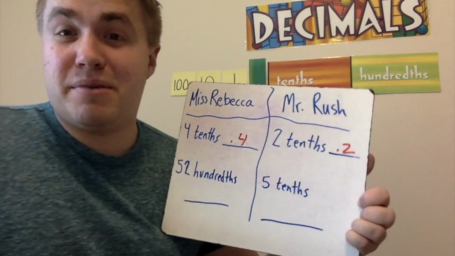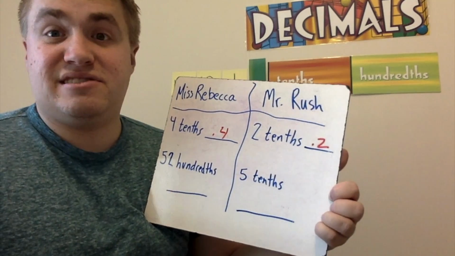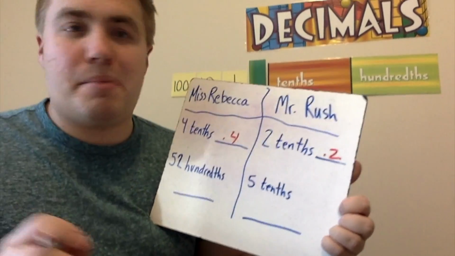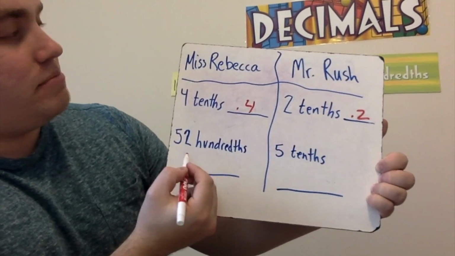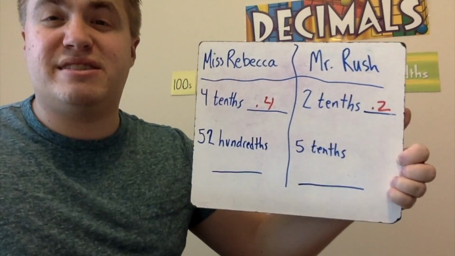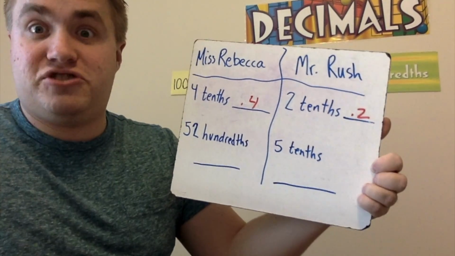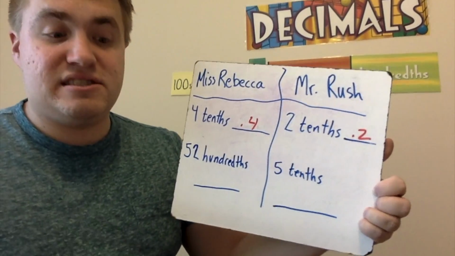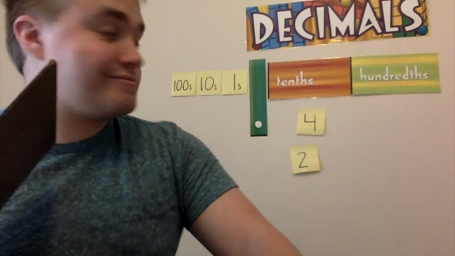But the second time I logged our distance tracking here, I got a little bit better. Not quite as good as Miss Rebecca, but a little bit better, right? So if we look right here, Miss Rebecca ran for 52 hundredths of our distance before she needed a drink of water. Meanwhile, I ran for 5 tenths of our distance before I needed a drink of water.